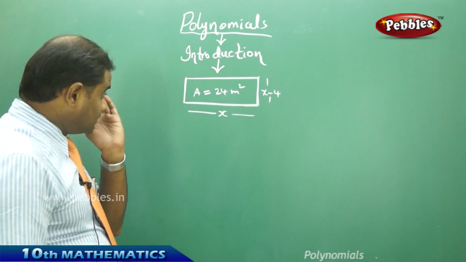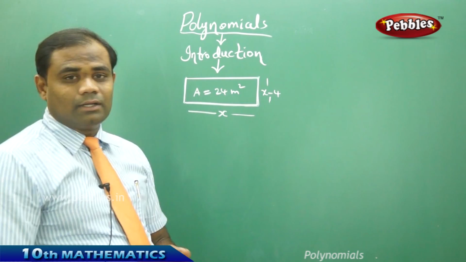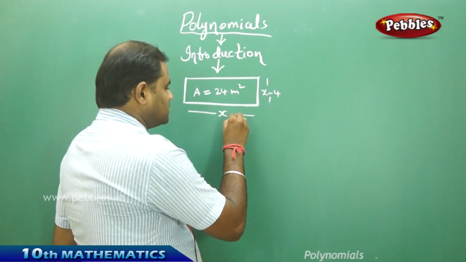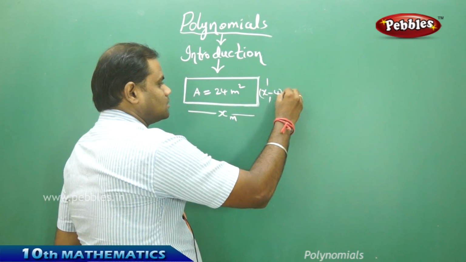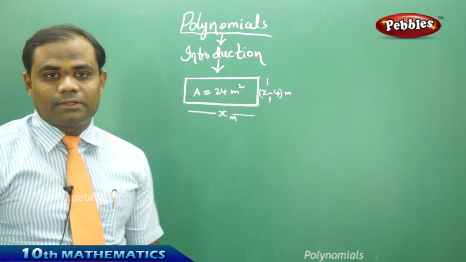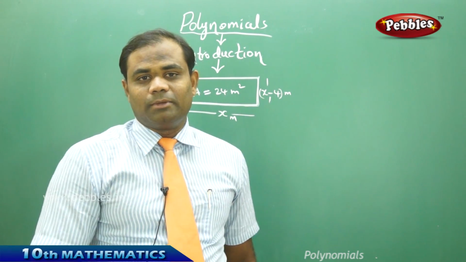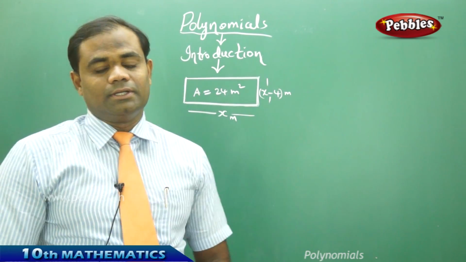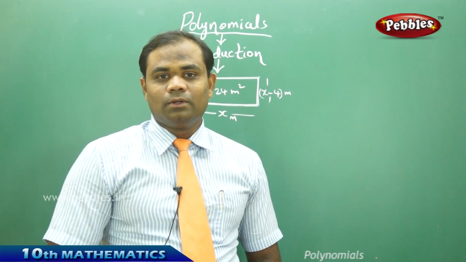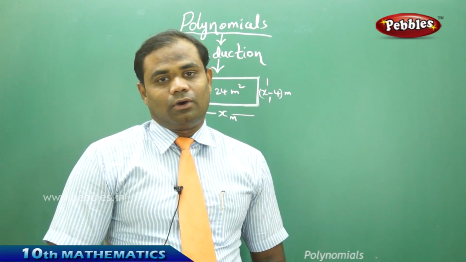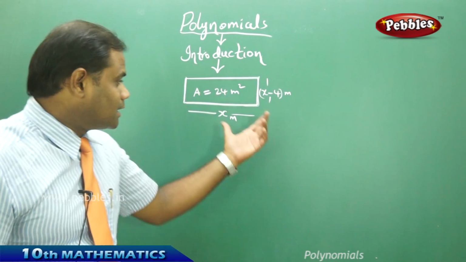When the area of the rectangle is 24 meters squared, the length is x meters and the width is x minus 4 meters, then I can derive a polynomial out of this situation. Let's see how we can derive a polynomial or an expression out of the given conditions.